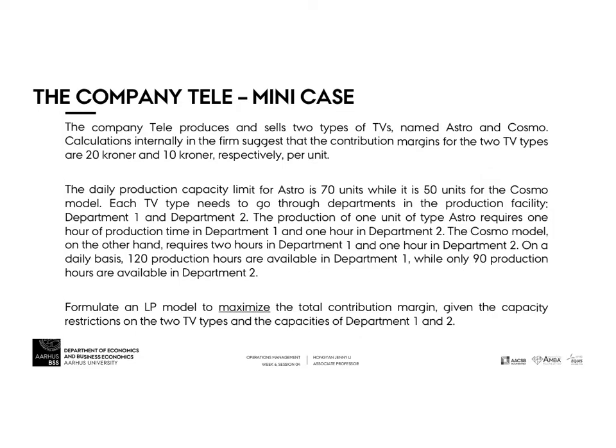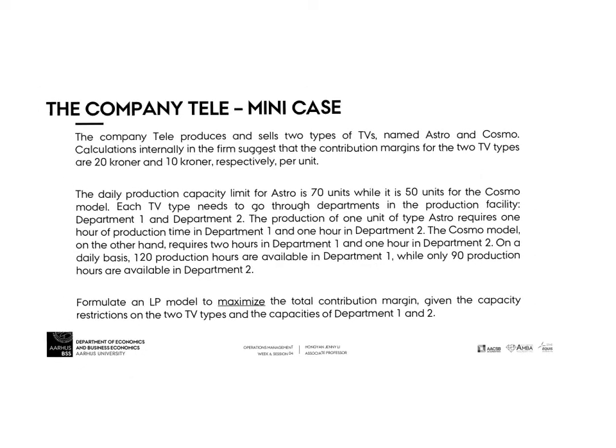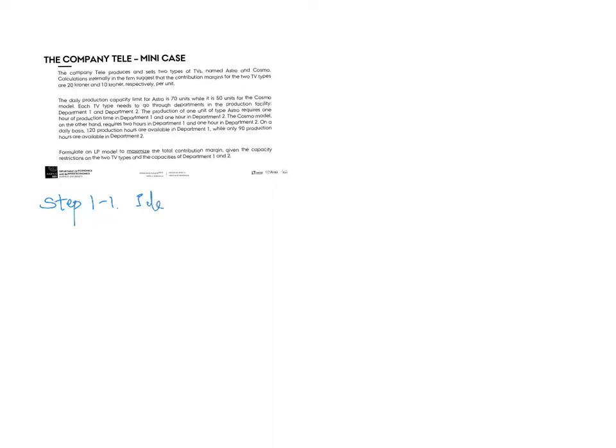So I just make this smaller, so hopefully you can still see the text on your own computer. Here I try to write down the formulation method or the steps. First we start with step 1.1, identify parameters.